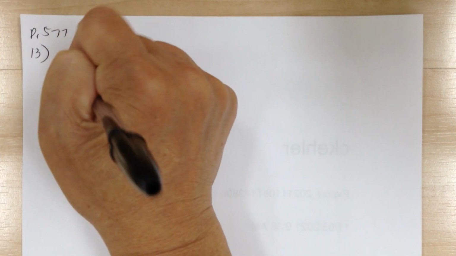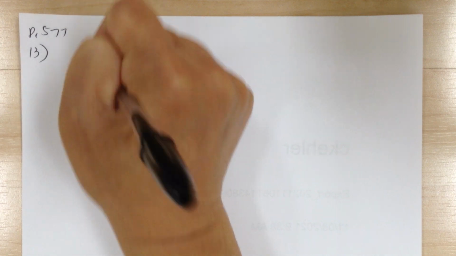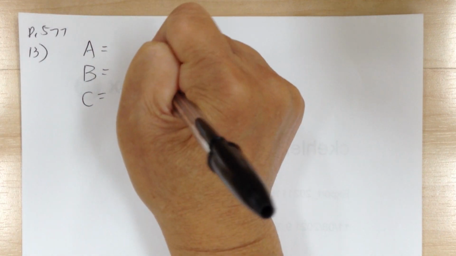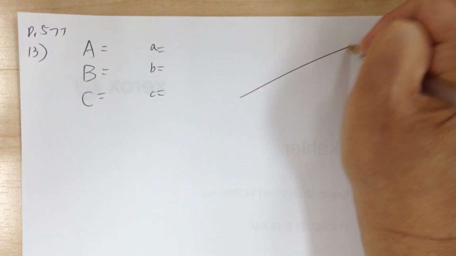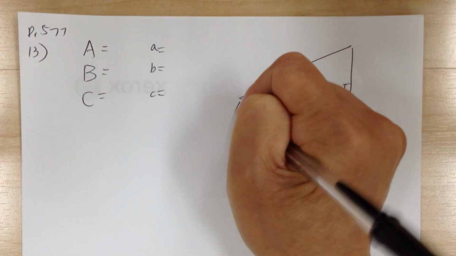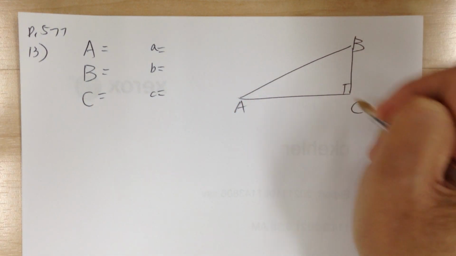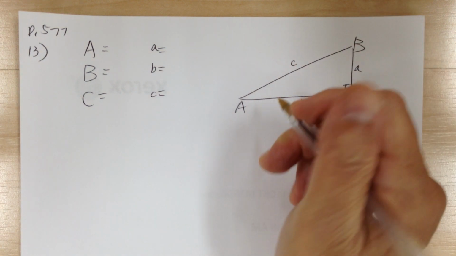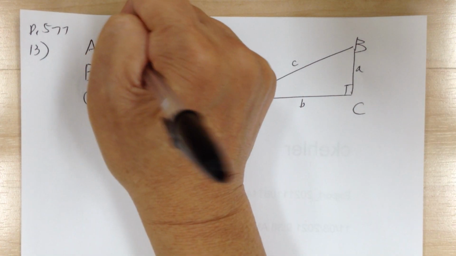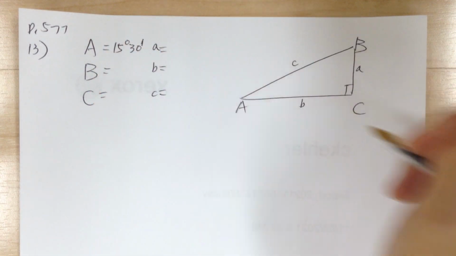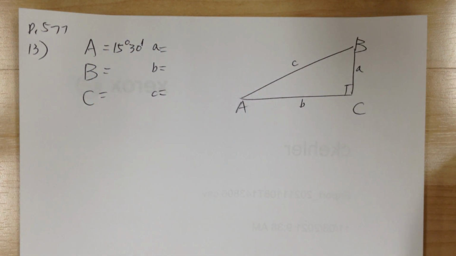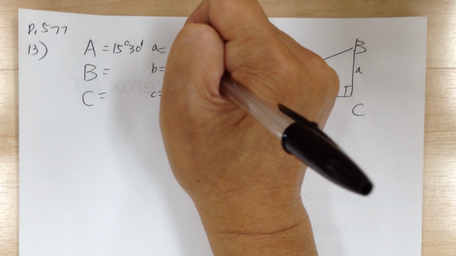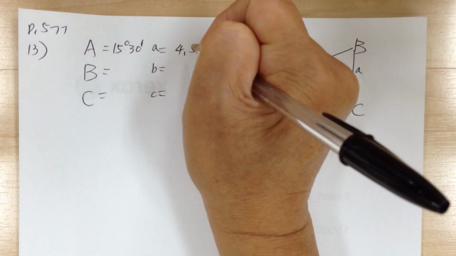So you can get your A, B, C ready. Get your triangle. So that's your A, B, C, small a, small b, small c. Angle A is 15 degrees and 30 minutes, and small a is 4.50.